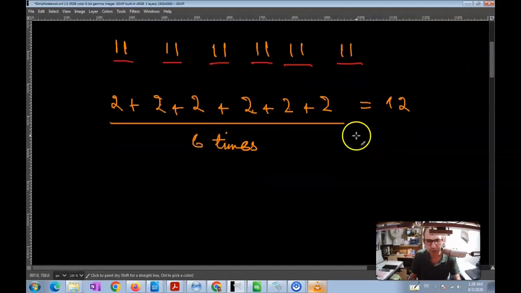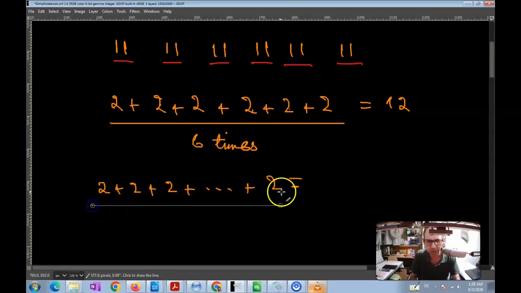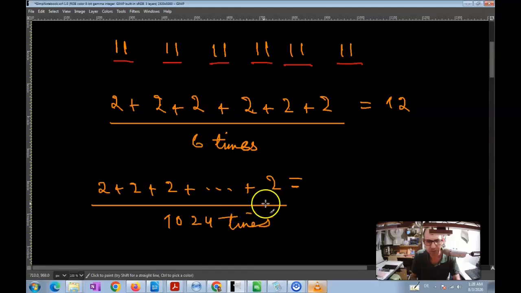Now, of course, you can imagine that adding 2 to itself 6 times, you can do the arithmetic easily. But suppose that you had 2 plus 2 plus 2 and so on and so forth plus 2, and that was, for example, 1024 times.